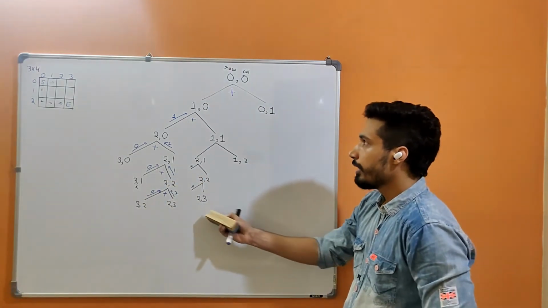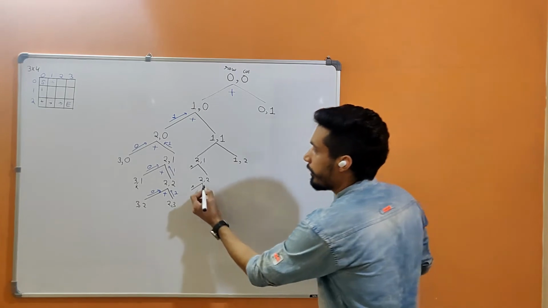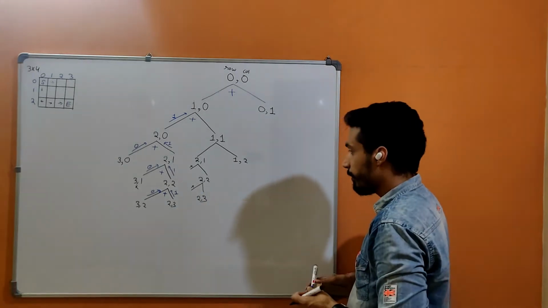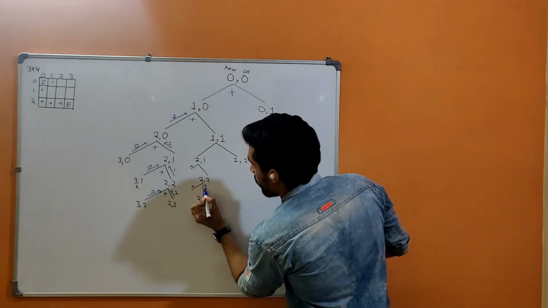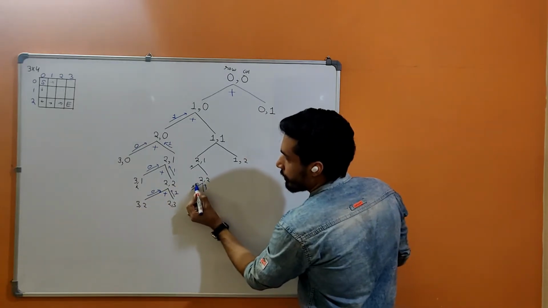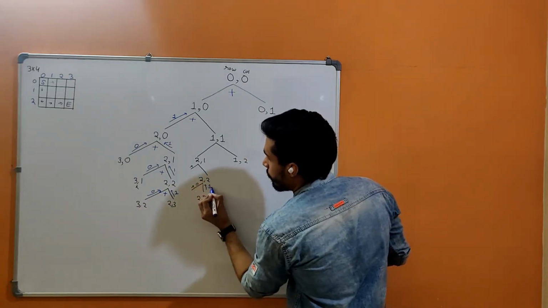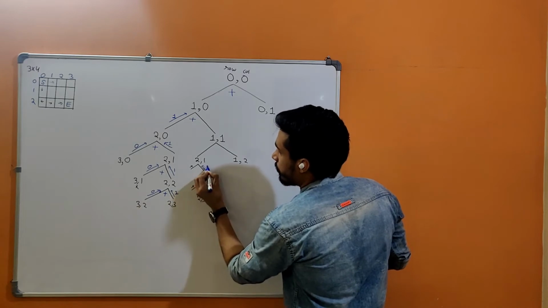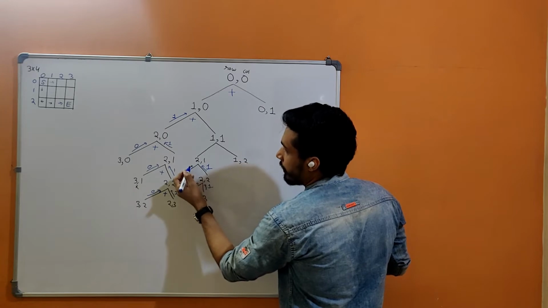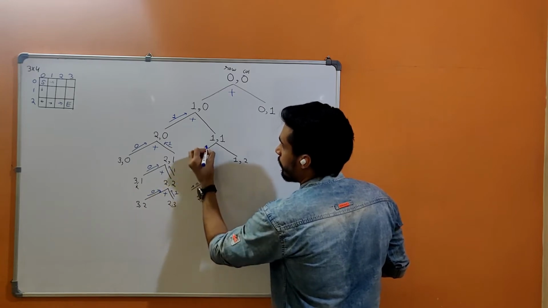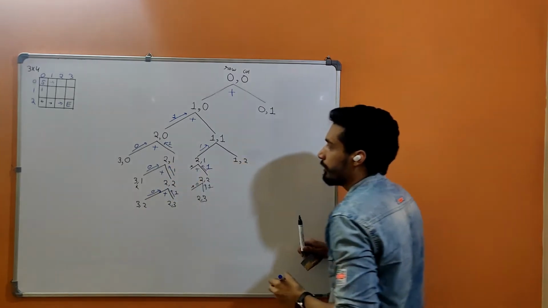So from 2 3, as we reach the end, we return 1, and as there is no other path, it will return 0. So this path will also return 1, and this path, again there is no path here, that is 0. If we add them, we will get 1 from this position.